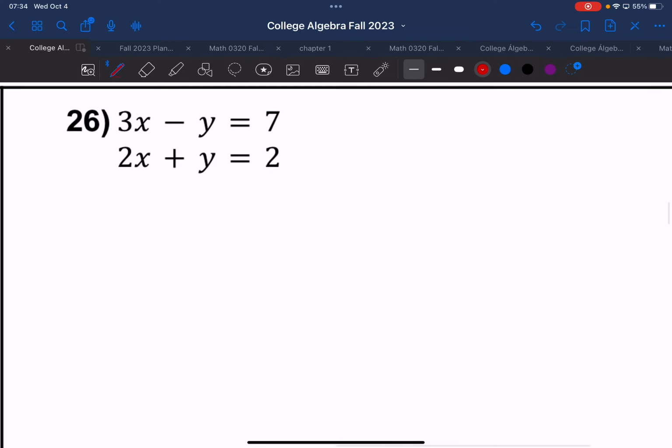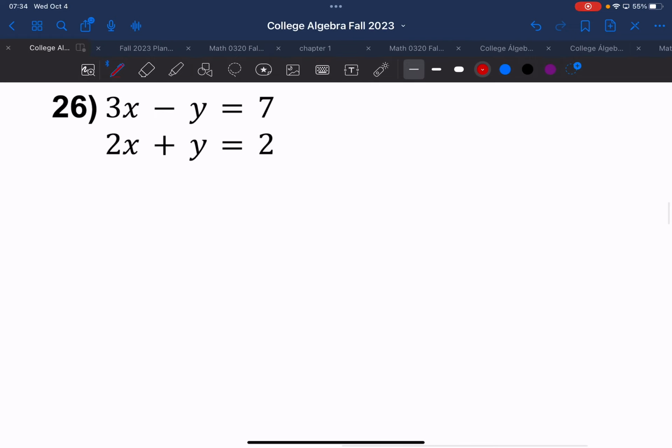We'll go ahead and let you guys attempt number 26 because it's one of those easier ones. So remember, this is by elimination, so you are adding the equations down because which variable is going to cancel right away? The y's. Okay, so I'll give you a moment to try that one. At least find me my x value.